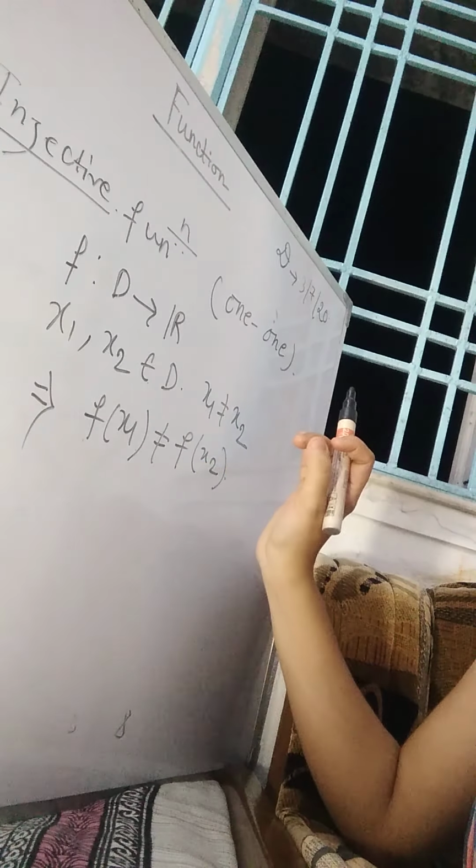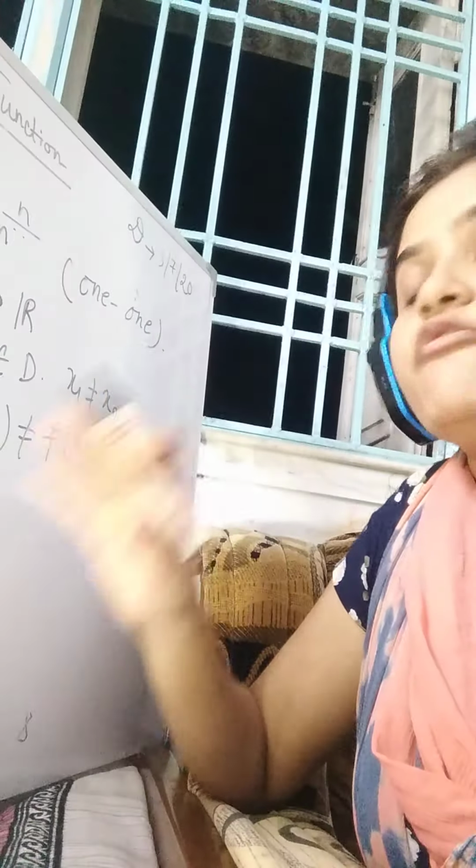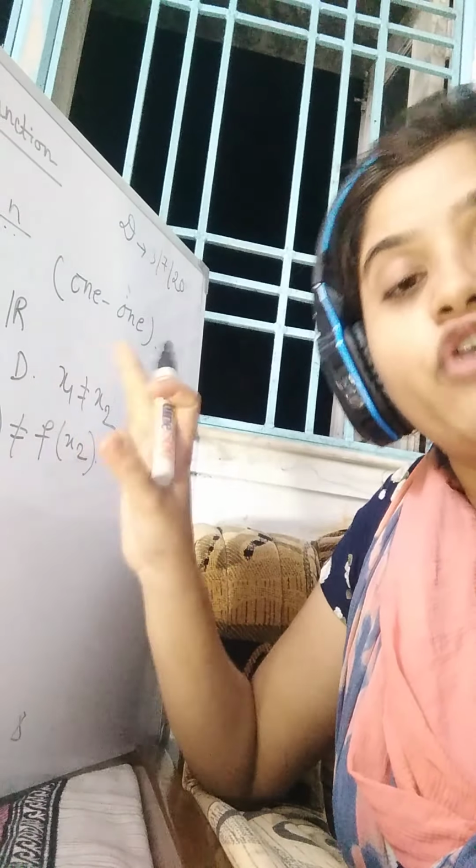Clear? These two distinct numbers imply that f of x1 and f of x2 are also distinct. So this property is called the injective property. If the function follows the property, it is called an injective function.